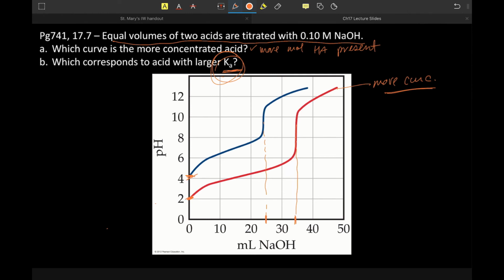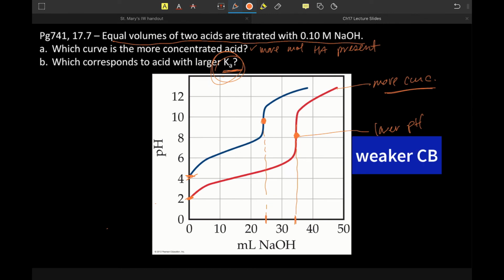In addition, we could also look at our equivalence points. This one happens at a lower pH, and if it happens at a lower pH, that means it's a stronger acid. The higher that pH goes, the weaker the acid is.